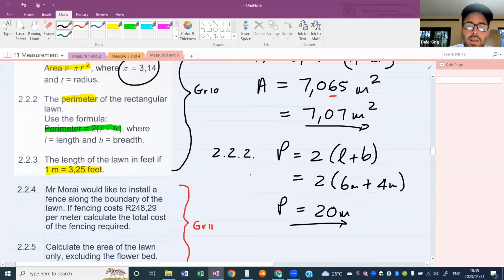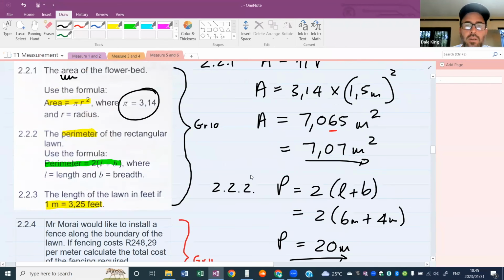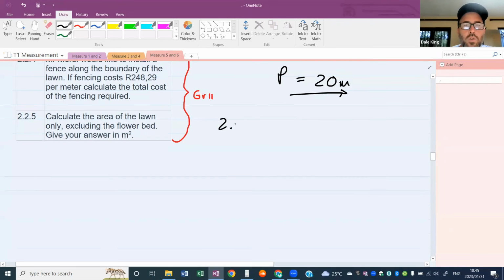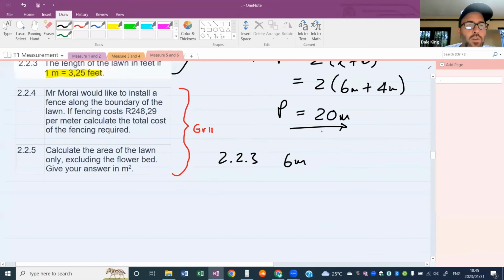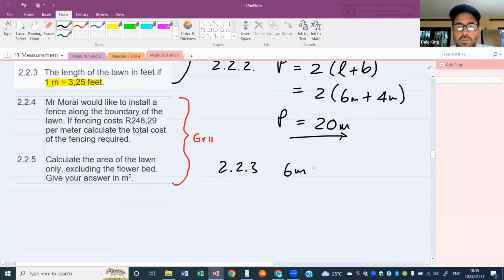Now, how many meters is our length? It's 6. So for 2.2.3, we have 6 meters, and every one of those meters is 3,25 feet. So times by 3,25.